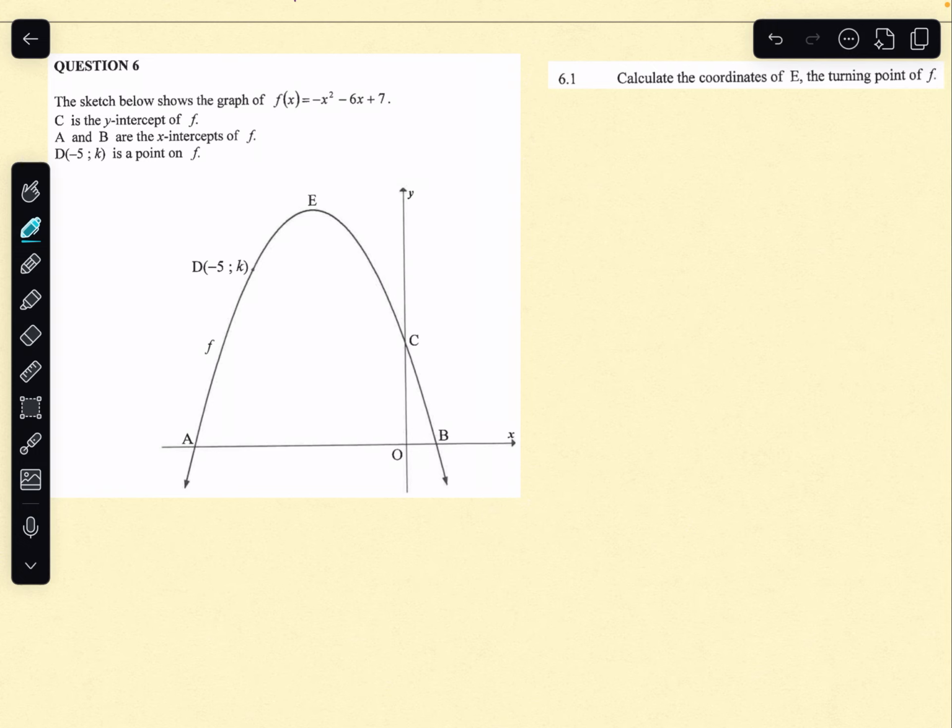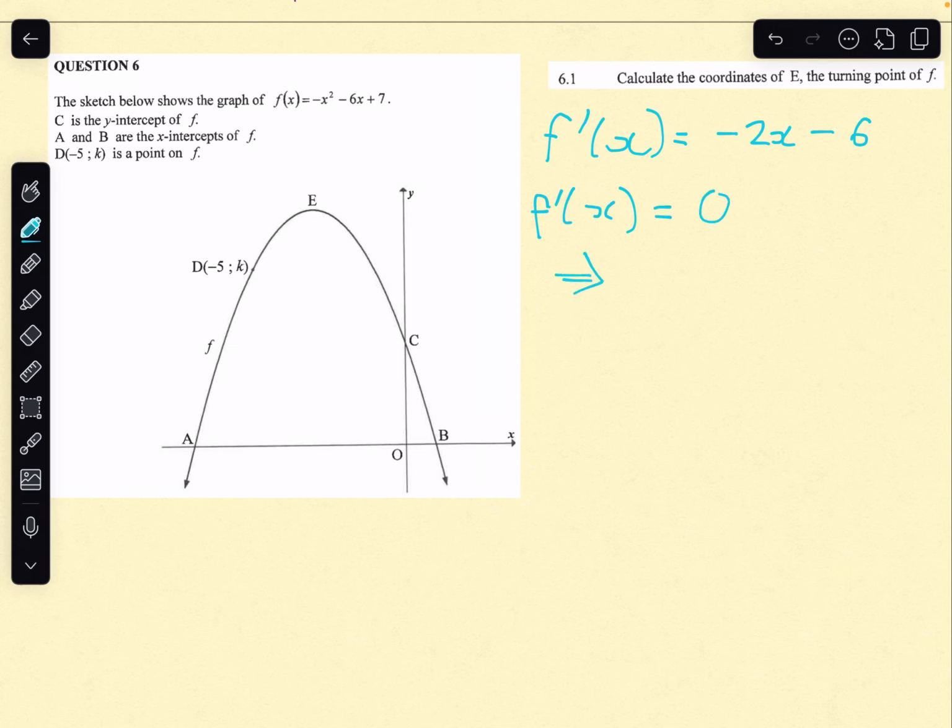Anyway, so to find the turning point using calculus, we find the first derivative of f, which is going to be minus 2x minus 6. Right, and then we need to figure out for which value of x this is equal to 0.